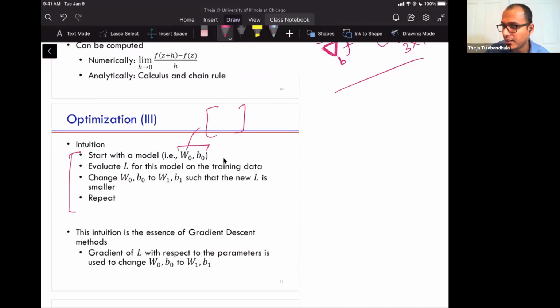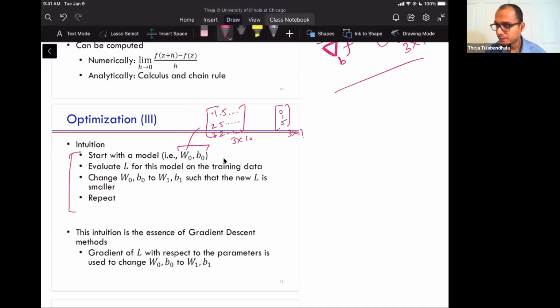Let's say we were using 3 cross 10 and 3 cross 1, the running example from before. So 3 rows and 10 columns, a bunch of arbitrary numbers, like 0.1, 0.5, 2, 5. You start with some choice.